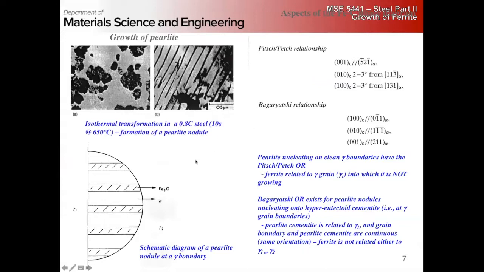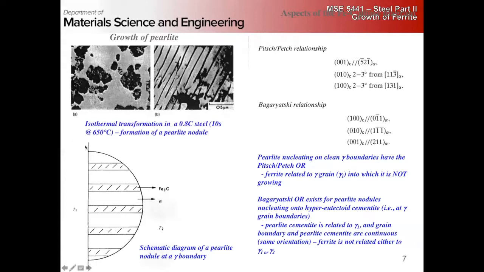So there's an orientation relationship between this austenite grain and this new ferrite orientation, but there is no orientation relationship with the grain that this is growing into. So it nucleates with an orientation relationship to one austenite grain and then grows into the grain that it doesn't have the orientation relationship with.